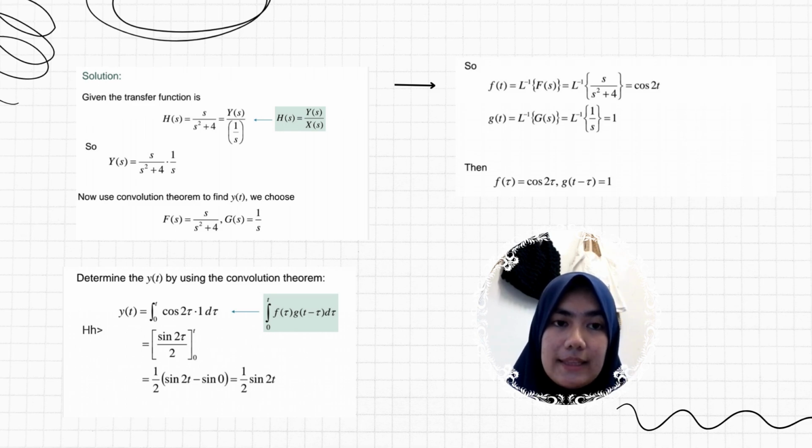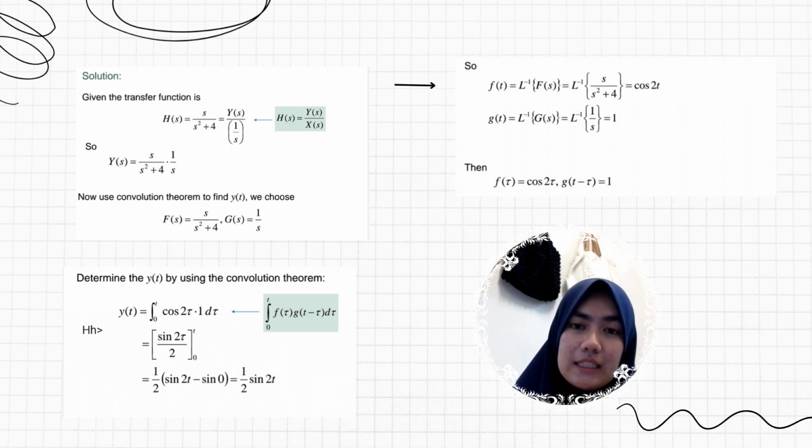We get y(t) equals the integral of cos 2t multiplied by 1 dt. This is also from the theorem. We get sin 2t over 2.